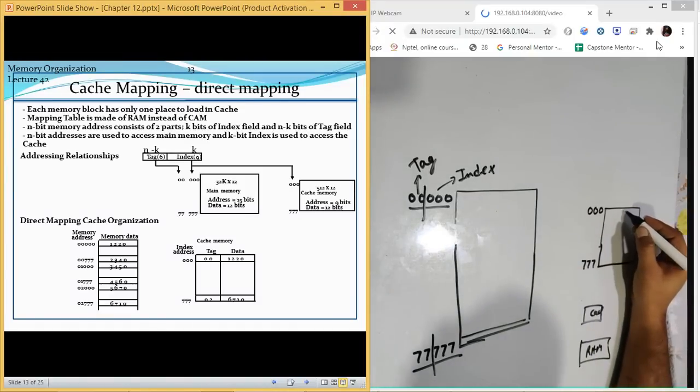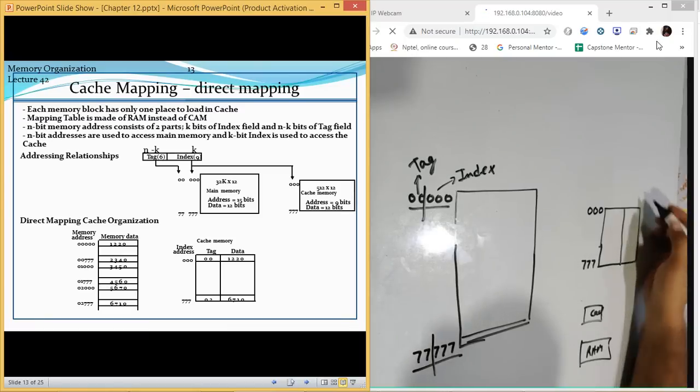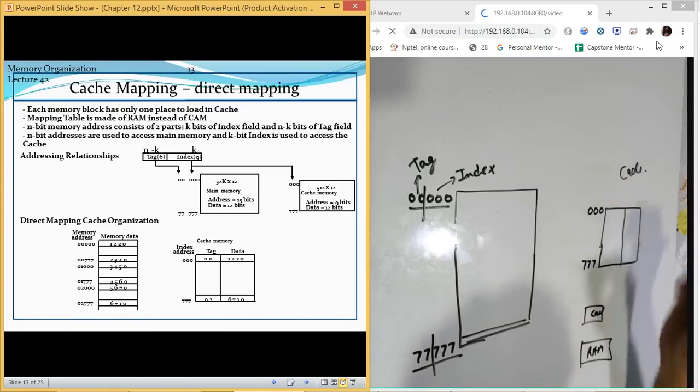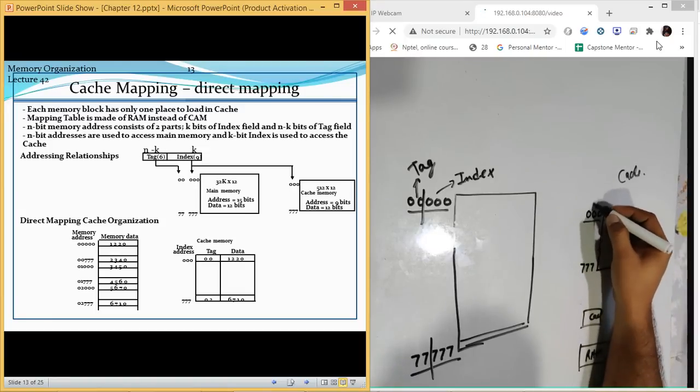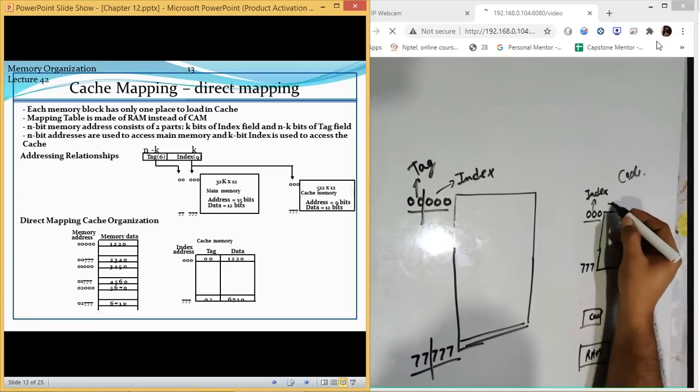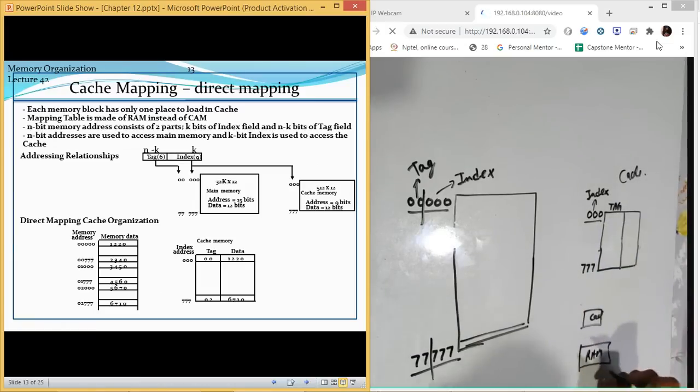Inside the cache, this part is known as index, and the tag is stored here.